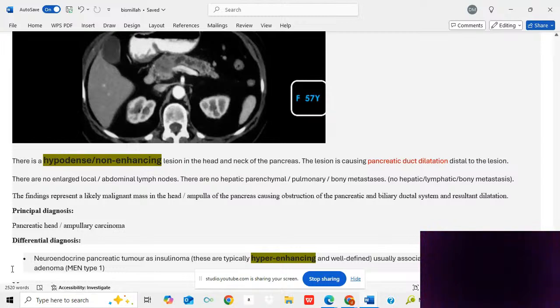And once you see a neuroendocrine pancreatic tumor, you need to look for the commonly associated pituitary and parathyroid adenoma. All of these tumors are associated in multiple endocrine neoplasia type 1, as I heard from a doctor one day.